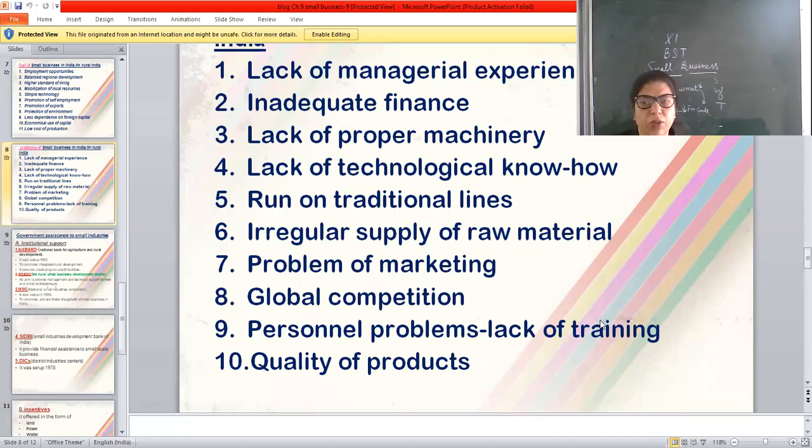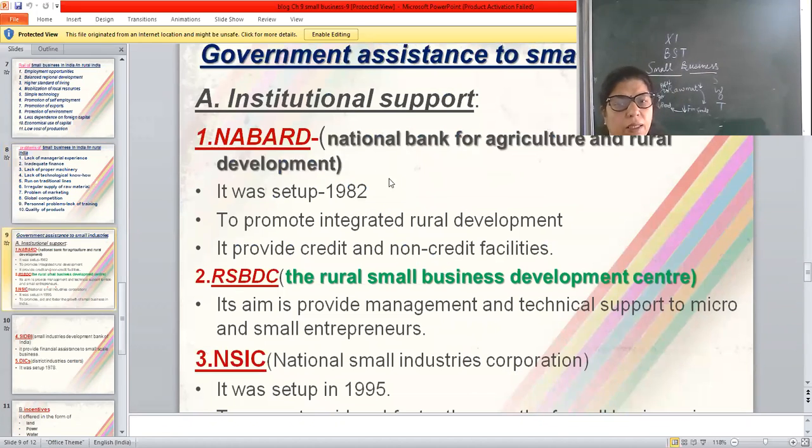That's the problem they always face. Then quality of product: as I told you, they always have a problem of quality. Even if they are getting poor quality raw material, how can they finish products of the best quality?